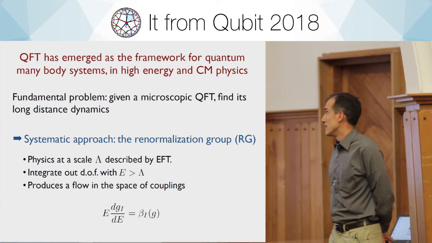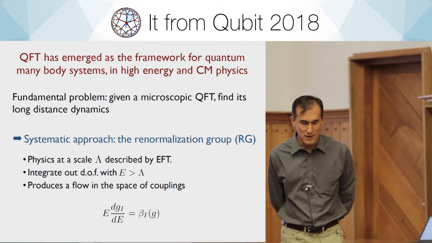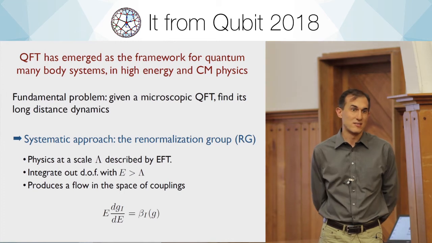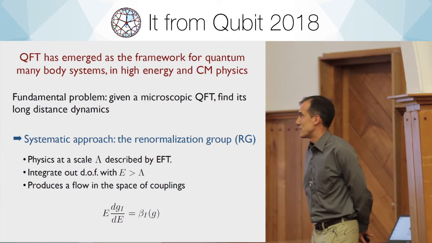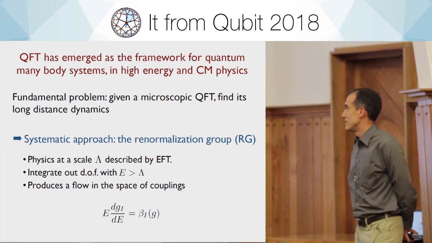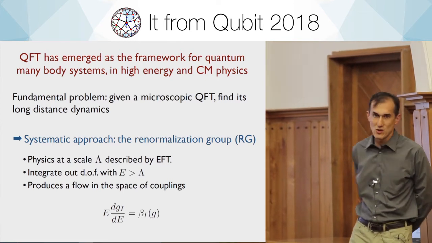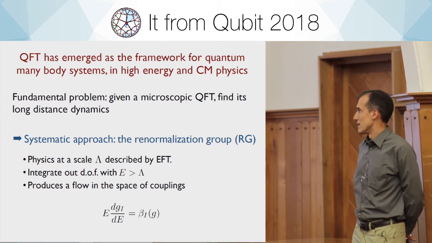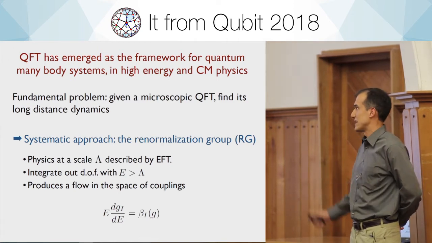Okay, and one form of the problem would be, given a particular microscopic QFT, understand its long-distance dynamics. This is in general pretty hard or impossible, but there is a kind of approximate but systematic approach which was suggested by Wilson, which is the renormalization group, which says that instead of trying to solve the full problem, you should think about trying to formulate the physics at the given scale lambda, described by an effective field theory.